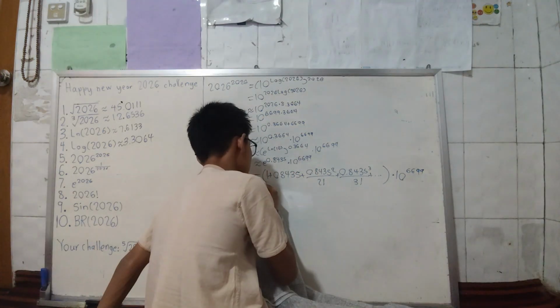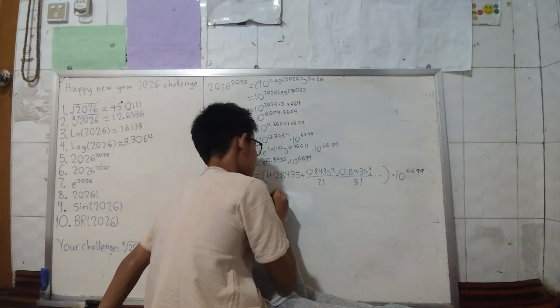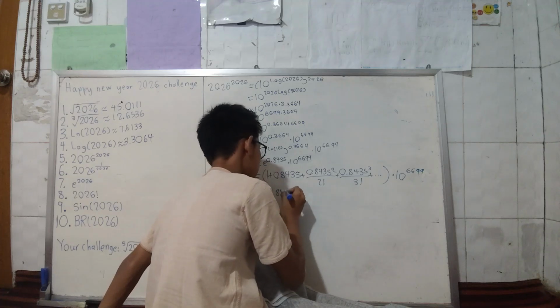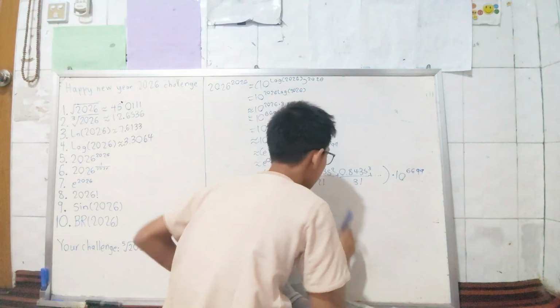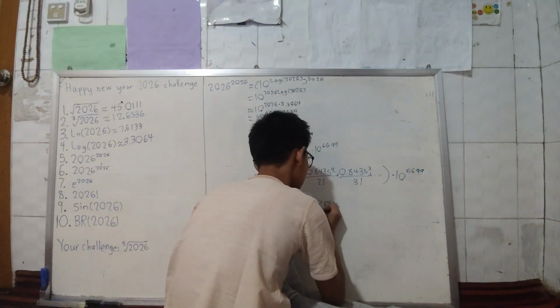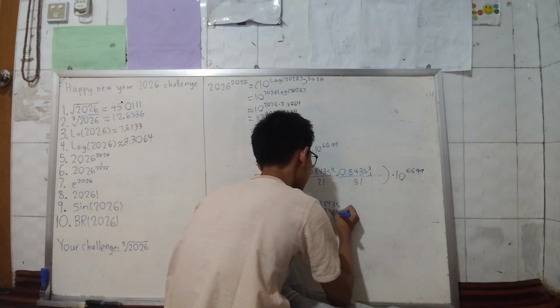So that's going to be approximately, we're going to add 1.8435, but that's not it yet. We're going to add this, so 0.8435 times 0.8435.